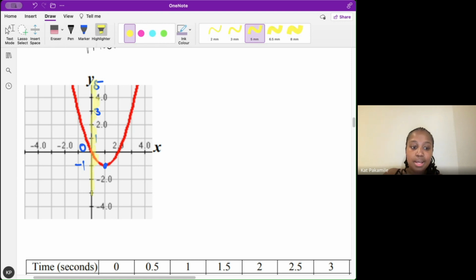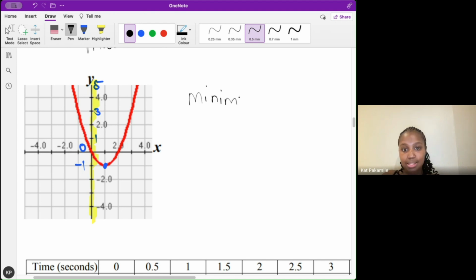Remember, we're looking at the y-axis. It's getting bigger and bigger. So was -1 the lowest possible value you could have gotten, or was it the highest possible value that you could have gotten? It was the lowest possible value. So does it have a minimum or a maximum? Nice. That means that -1 would be your minimum. Nice, guys. Beautiful.